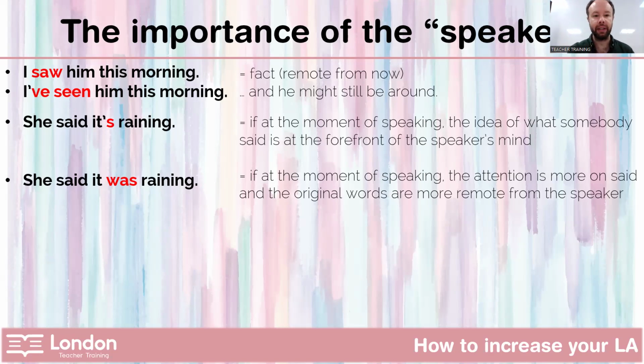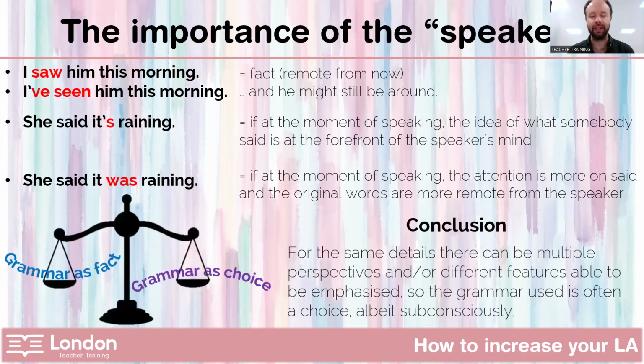And so with this, I guess, yes, this is kind of what I just mentioned. For the same details, there can be multiple perspectives and or different features that you can emphasize. And so the grammar used is often a choice. So for example, the one up the top, I saw him this morning, I've seen him this morning, using the past simple puts that distance between you speaking it and the event.